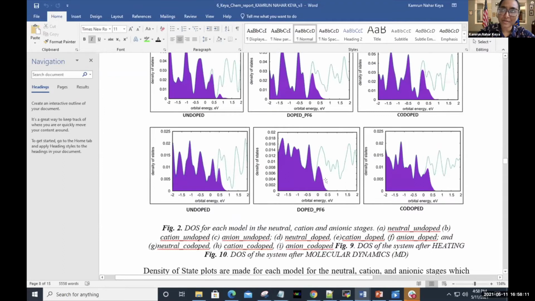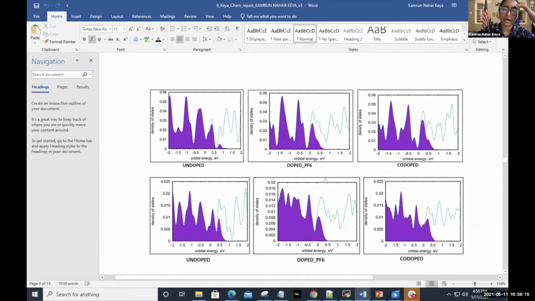Actually, after applying heat and the molecular dynamic calculation, I want to see if there is any effect on the model or not. Does it reduce the band gap or not?